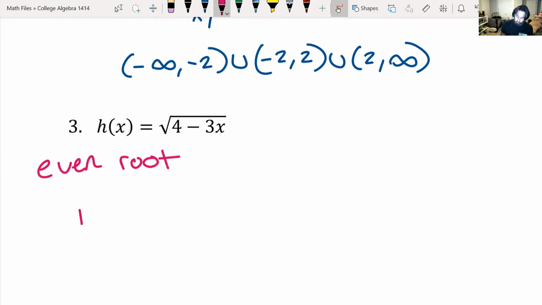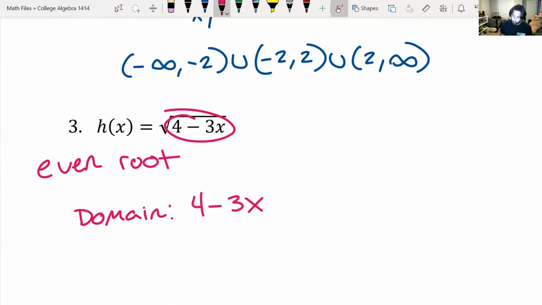So to find the domain of an even root function, we take whatever's inside the house and set it greater than or equal to 0. Because what do we know about square roots? We can't have anything negative inside. So that is hence the greater than.